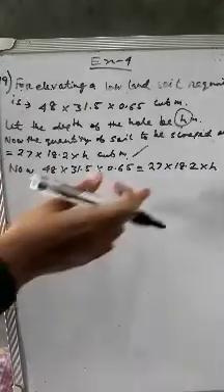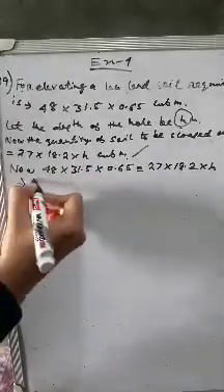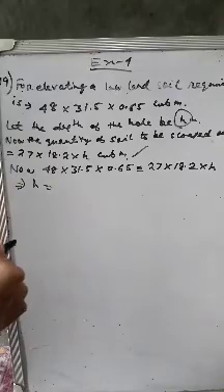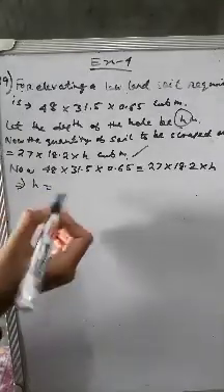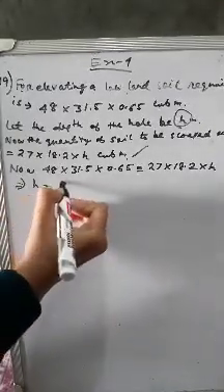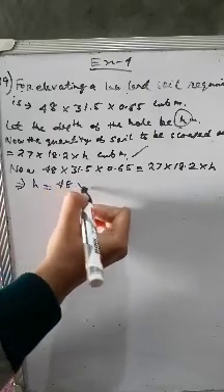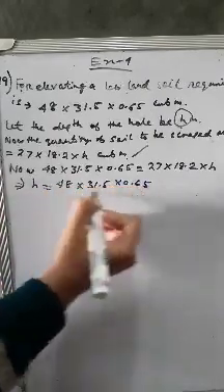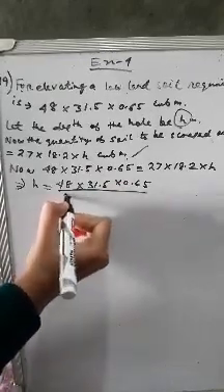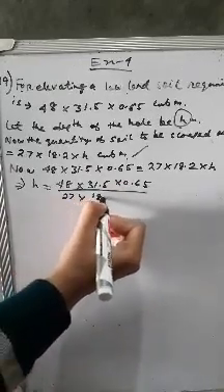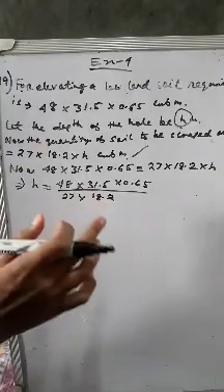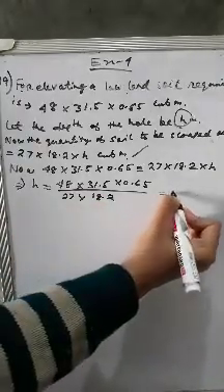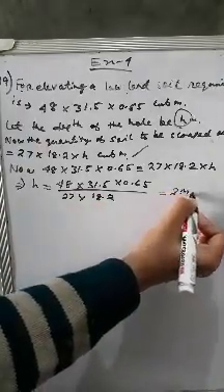From here you can find out the h part. If you solve it, you will get h equals 48 into 31.5 into 0.65 divided by 27 into 18.2. Finally we'll get the height as 2 meters.